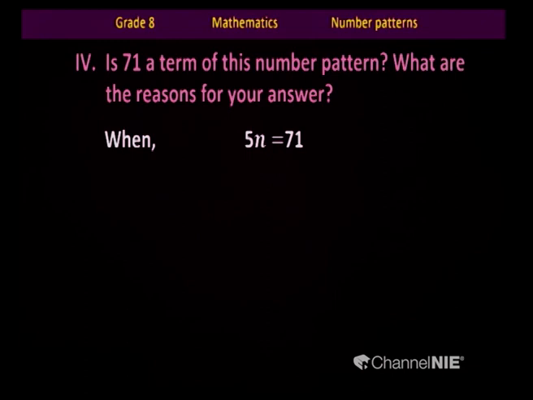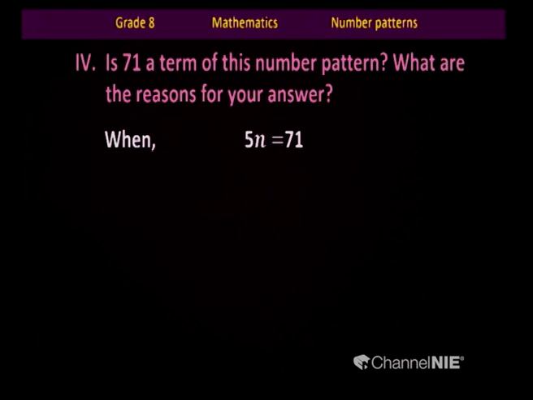Why is that? n means the number of the term. Always the number of the term should be a positive integer or else a positive whole number. So, we will construct the equation 5n equals 71.